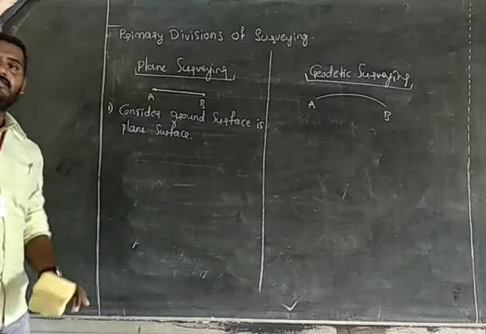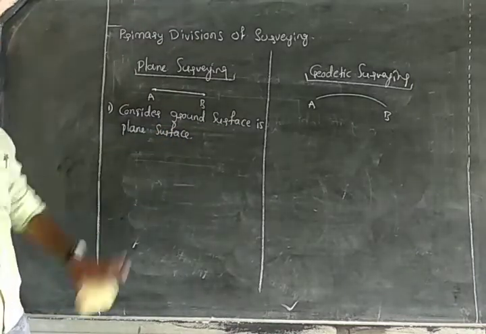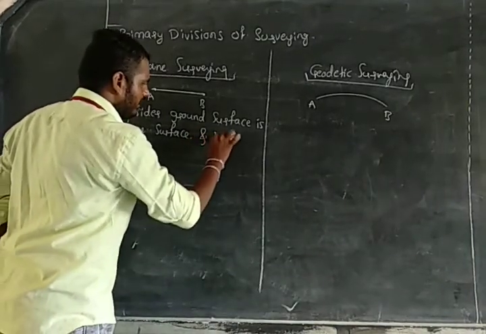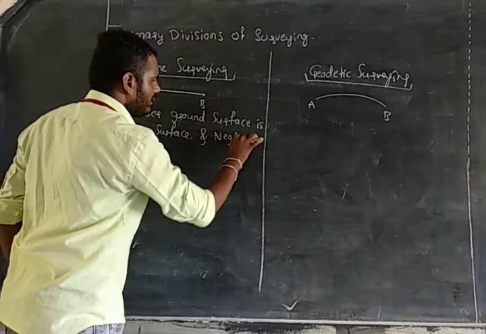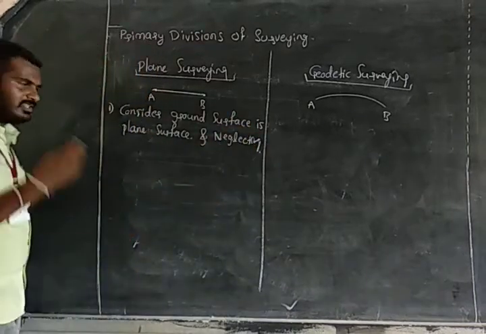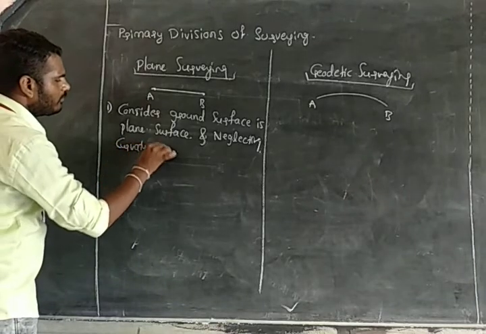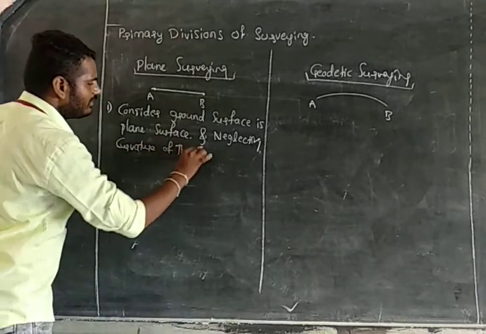Even if the existing surface is curved, we consider it plane. In the sense that we are neglecting the actual curvature of the earth.